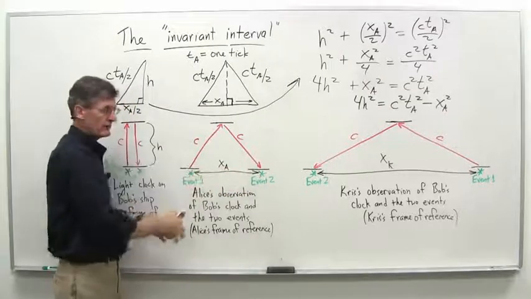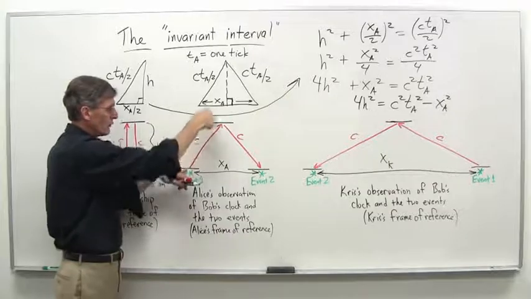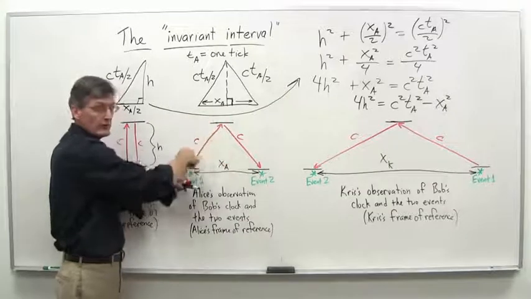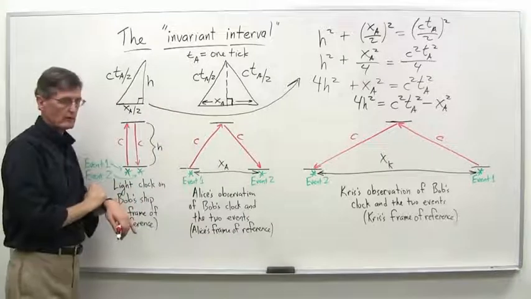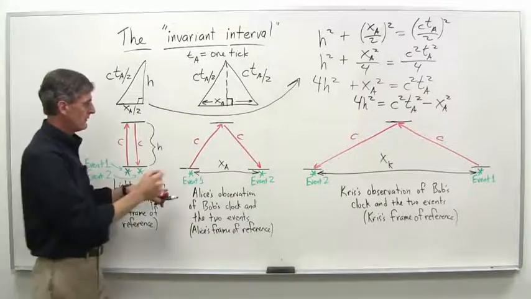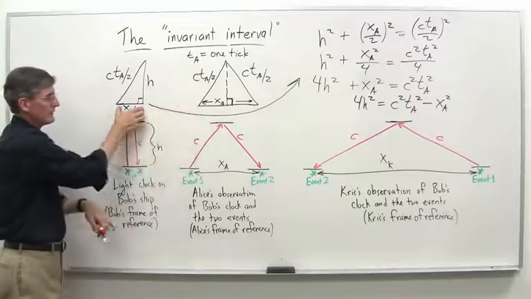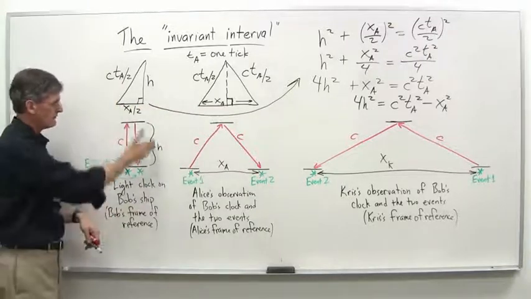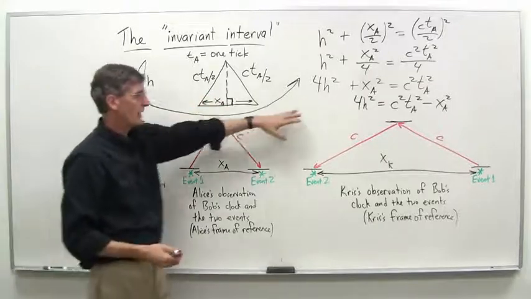We know the speed of light is c, so we know this distance it covers. If we define one clock tick, ta, then this is c ta over 2, half of the time. And then when we split the triangle in two, we get xa over 2 here. Then we just apply the Pythagorean theorem, realizing that we've defined the height to be h. Do a little manipulation, and we get this.